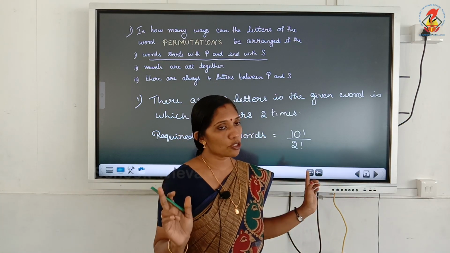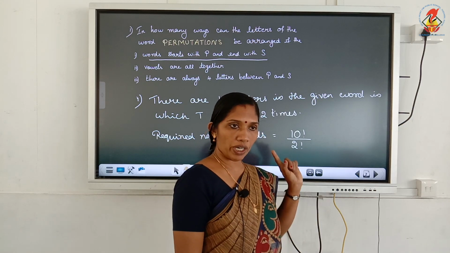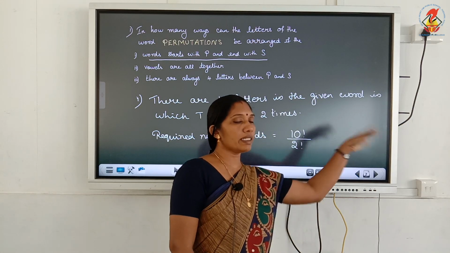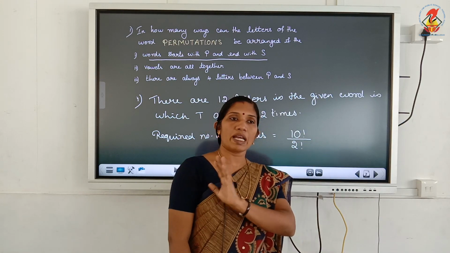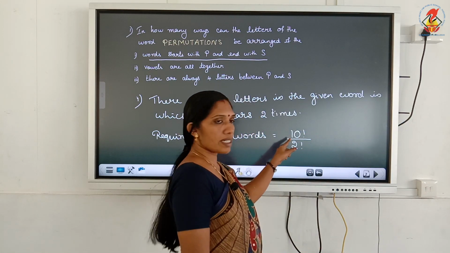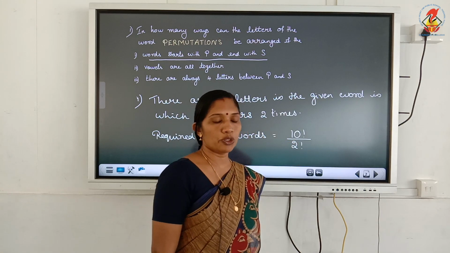So those 2 places we can fill in by only one way, so 1 into 1. Then the remaining 10 places we can fill like 10 into 9 into 8 into 7, like that. That is the same as 10 factorial, and T appears 2 times, so divided by 2 factorial.